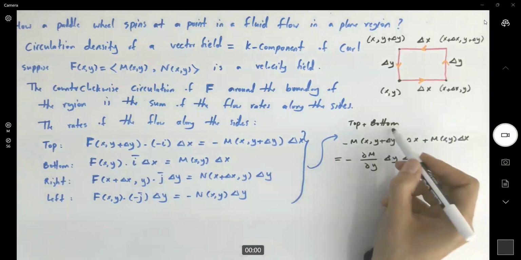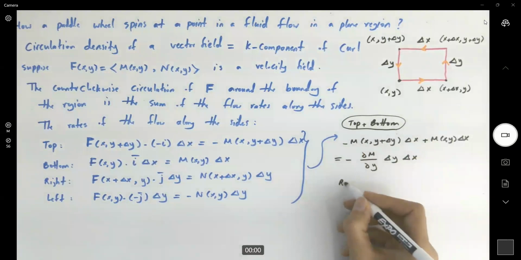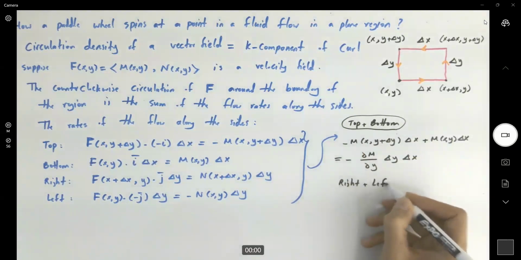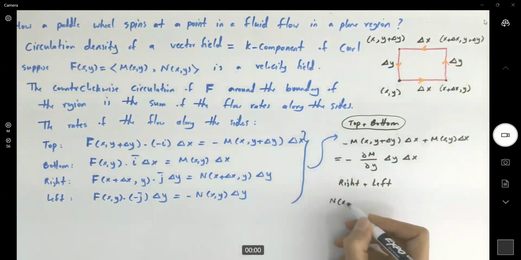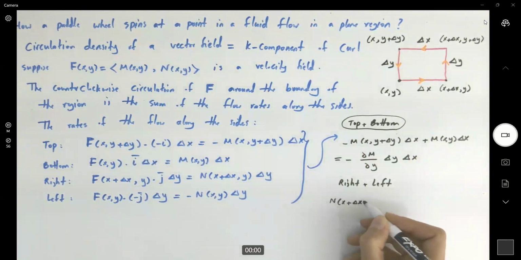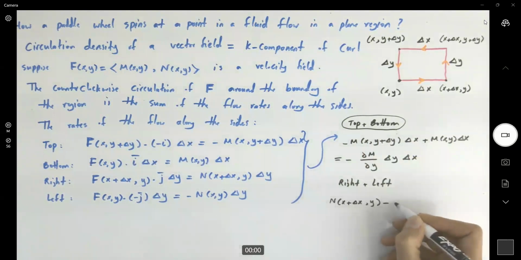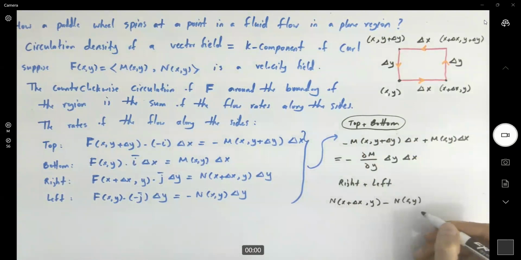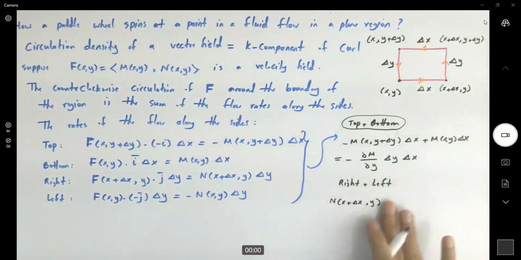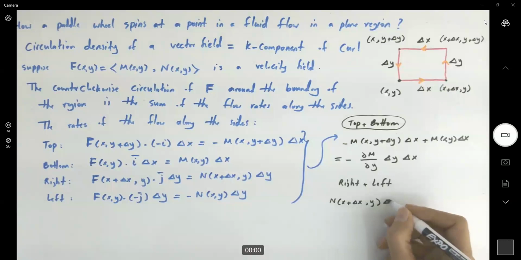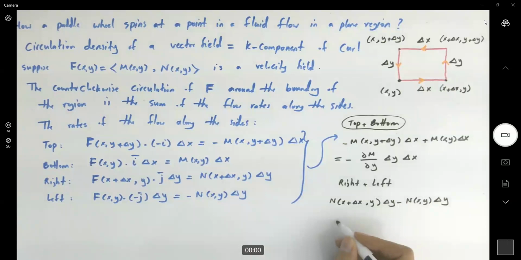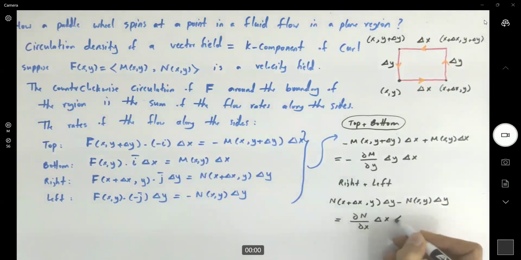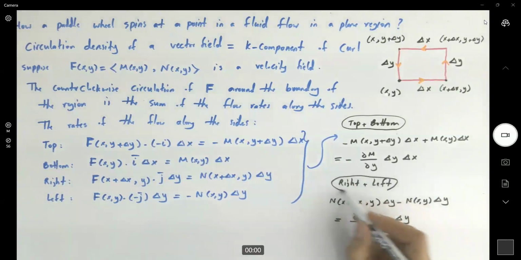So this is top and bottom. Then right and left: if you add them together, you're going to have N of x plus delta x and y minus N of x and y, which is going to give you the partial derivative of N with respect to x delta y.